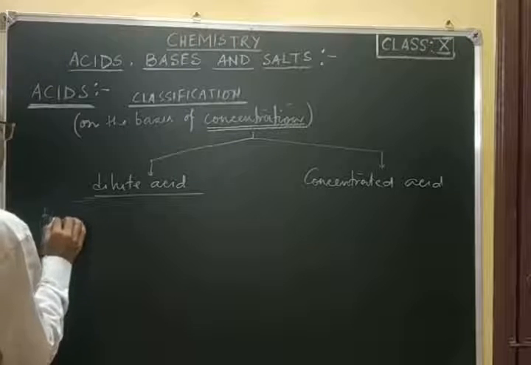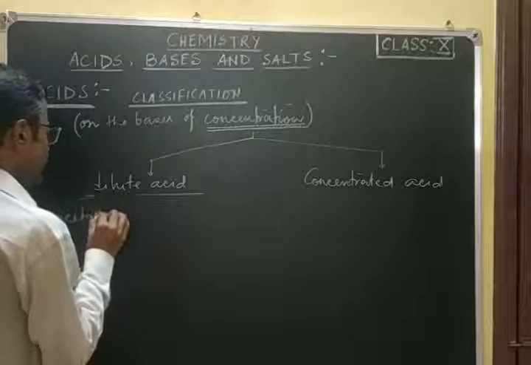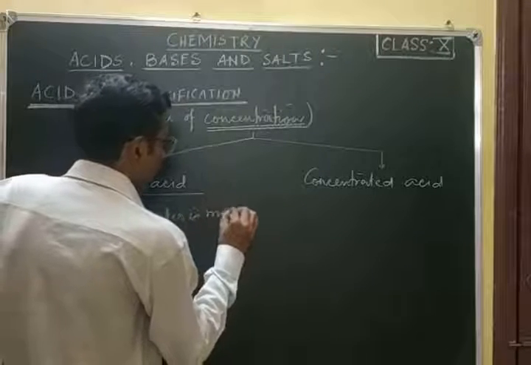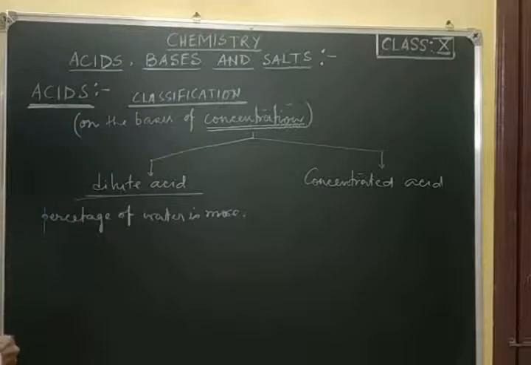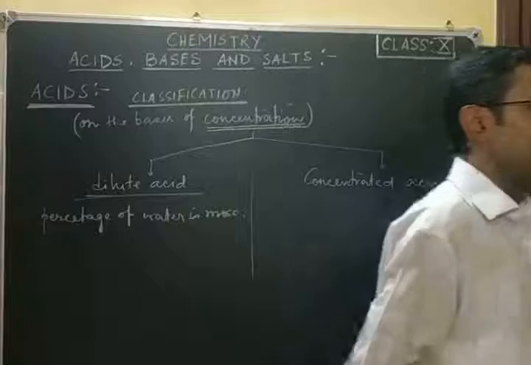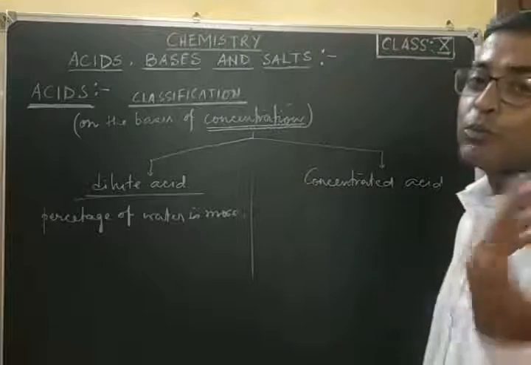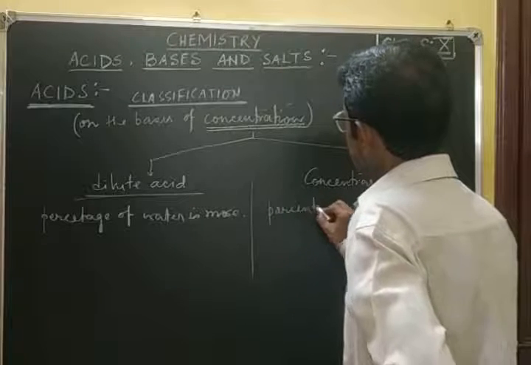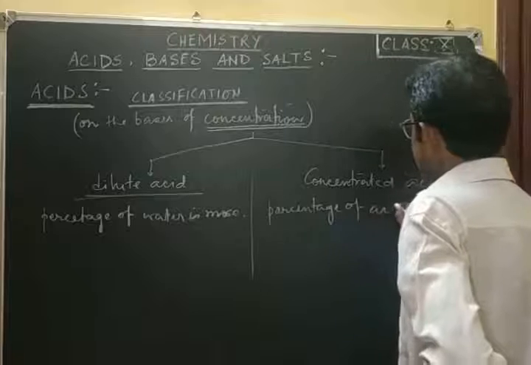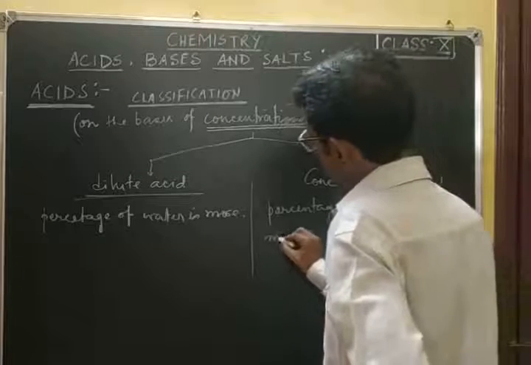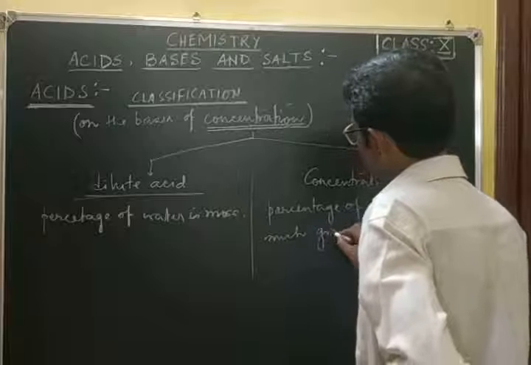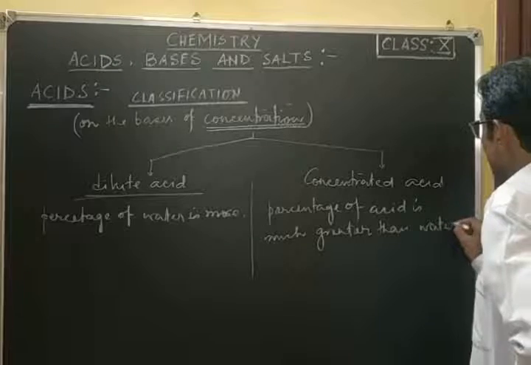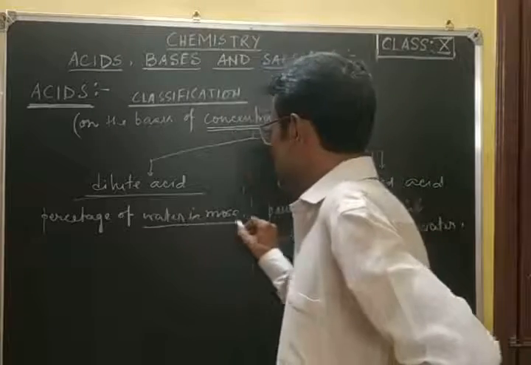So here we can write percentage of water is more, and similarly percentage of acid is less. And in concentrated acids, the percentage of acid is more than the percentage of water. So here we can write percentage of acid is much greater than water. So remember this one. Percentage of water is more, that is called dilute acid.